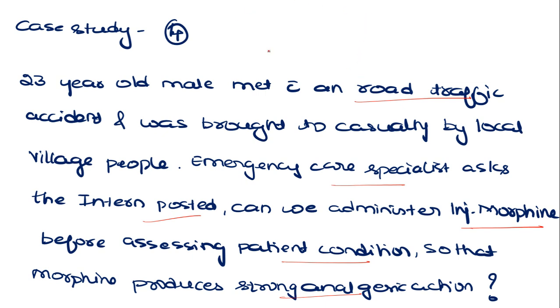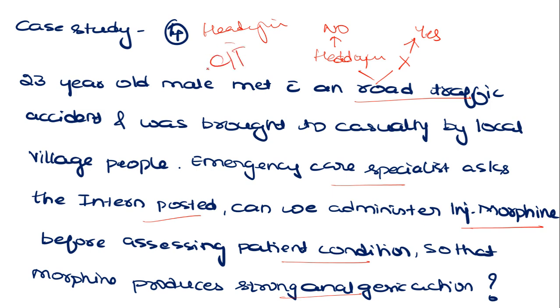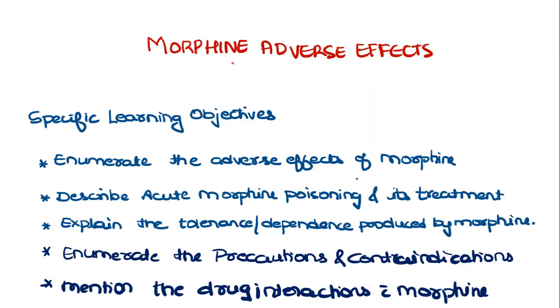In case of road traffic accident, if there is a head injury, say no to morphine. If there is no head injury, you can go with morphine. Otherwise, in case of head injury, morphine is contraindicated.